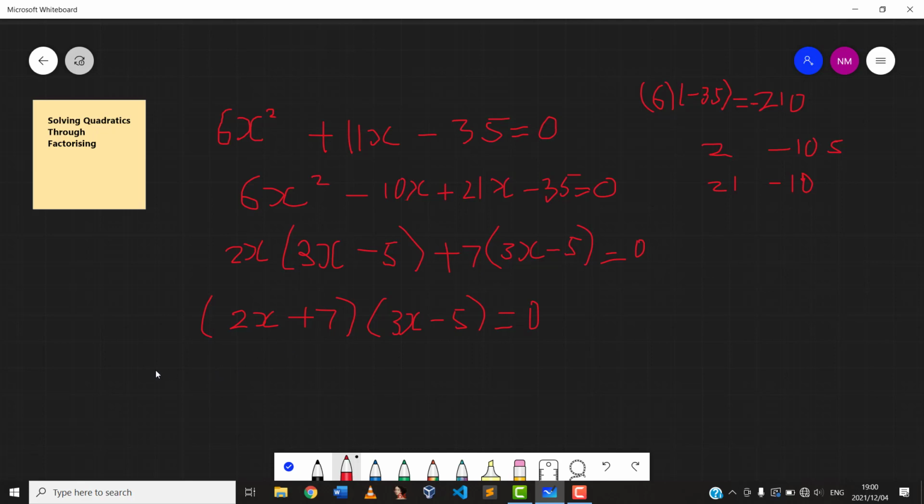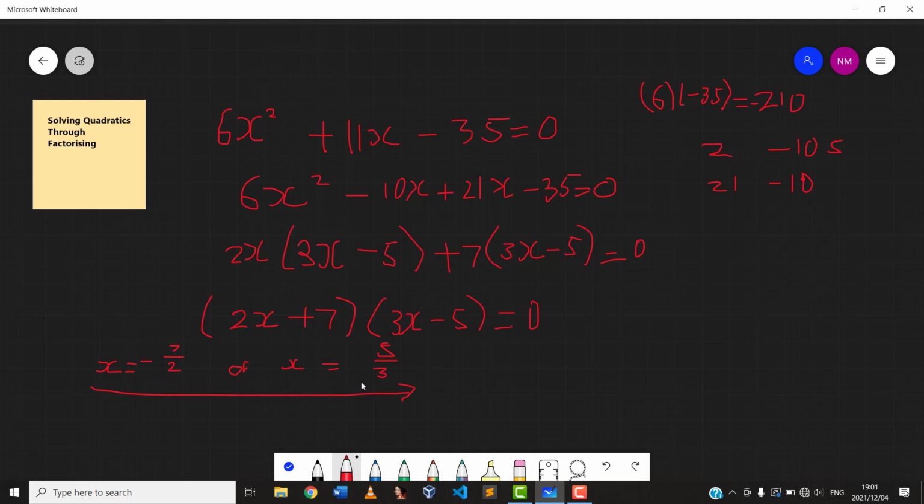You could either have x equals minus 7 over 2, or x equals 5 over 3. You drop the 2x plus 7 and solve for 3x minus 5, or you do it the other way around, and you should get these two answers.